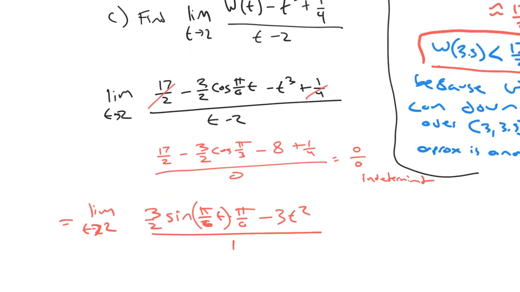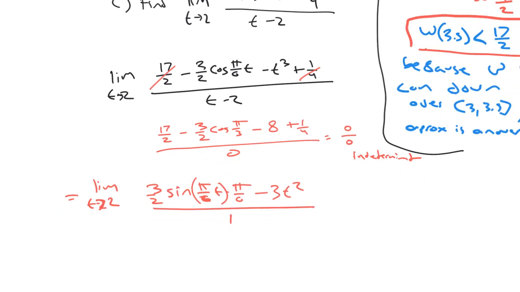And so at this point, I won't get 0 over 0 anymore. So let's plug in 2 on the top, and when we do that, we will get 3 halves times sine of pi over 3, times still pi over 6, minus 3 times t squared, so t squared is 4, all of that over 1.